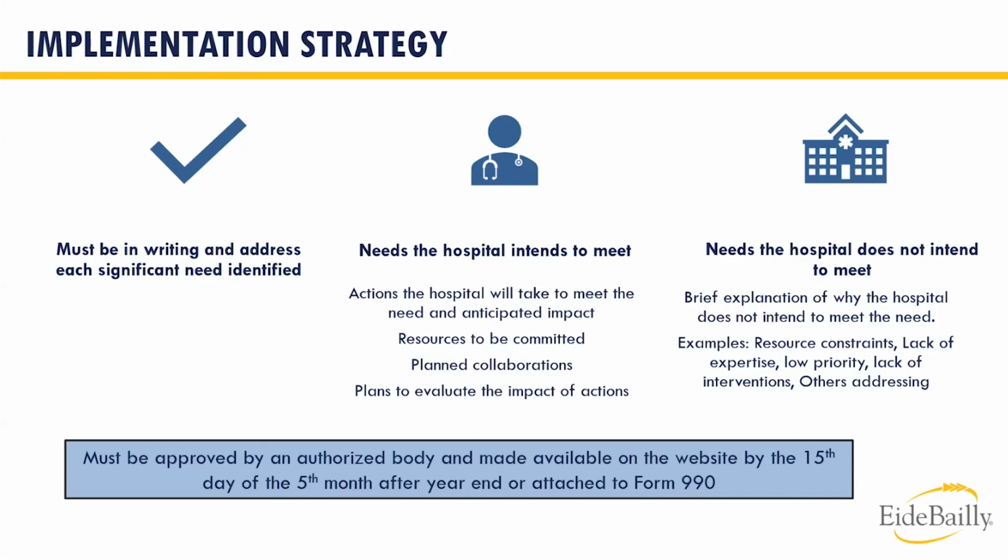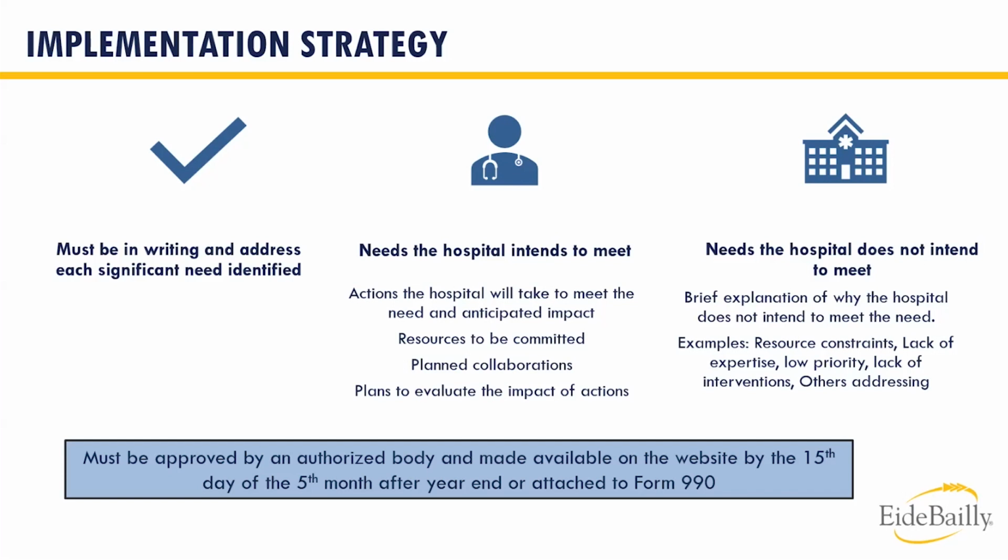I have plenty of hospitals whose implementation strategies I read, and they say, due to resource constraints, we can't address all of these needs. So we're going to address 1 or 2 of them that we feel have the biggest impact on the community.